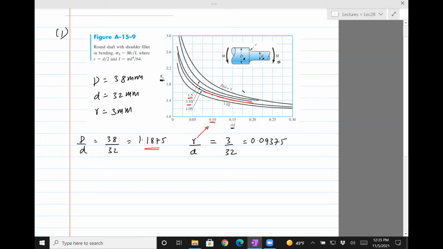So we need to basically read off this. That's our KT. Okay, so this is probably 1.6, right? This point, because it's midway between 1.1 and 1.4. So I'm guessing that this is 1.55 maybe.